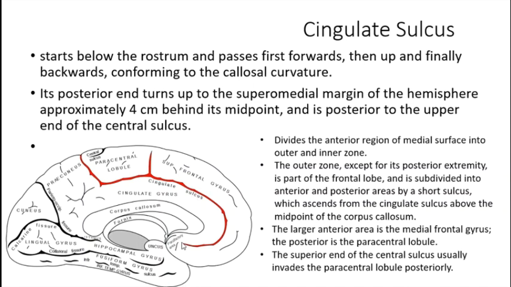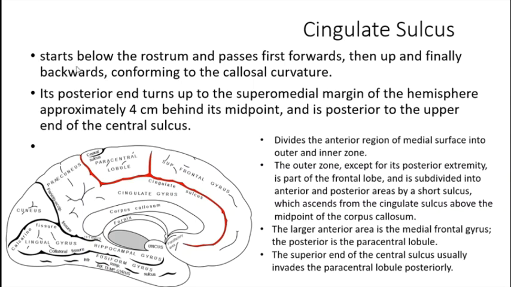So as you can see, starting from this lower area in front of the paraolfactory area, it is going to turn anteriorly, then superiorly, and then it turns posteriorly, encircling this whole zone and ending almost at the level where the central sulcus is going to divide this part into frontal and parietal lobe.